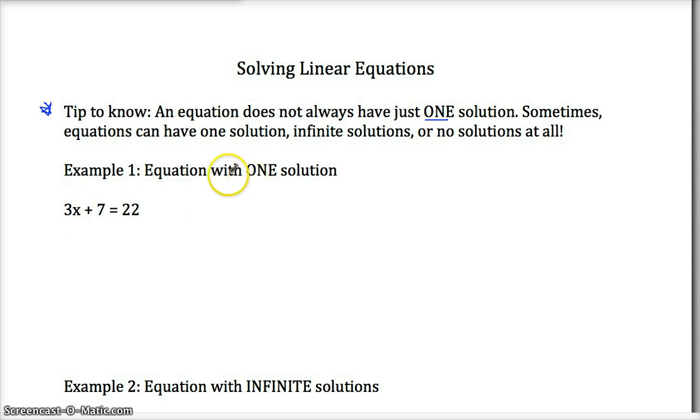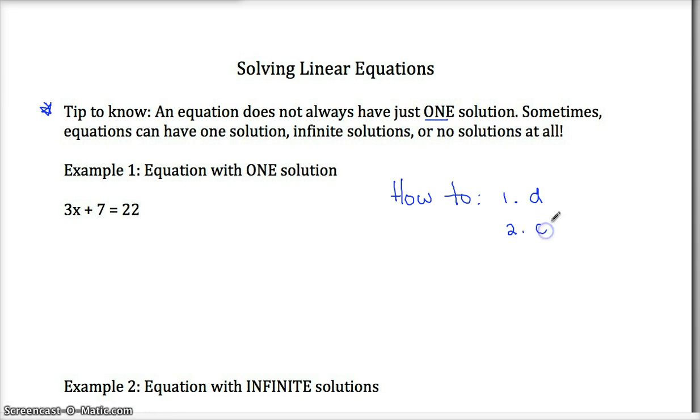For this first example, this is what you're used to: 3x plus 7 equals 22. The same steps still apply. If you want to make your how-to, your first step is still always, from your notes from 2 days ago, to distribute, if possible. I'm just going to abbreviate.